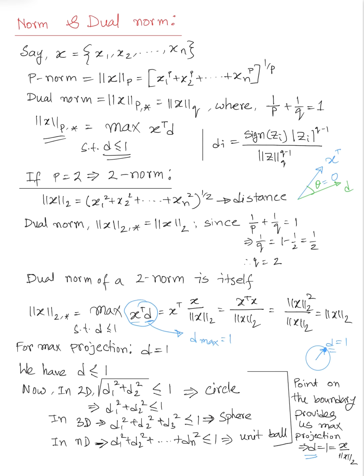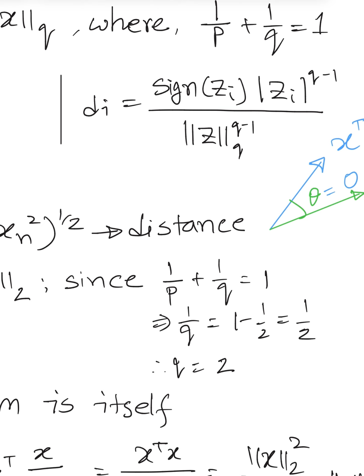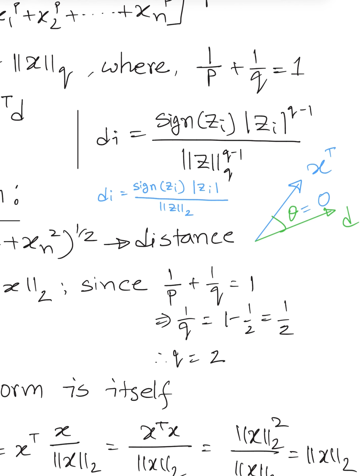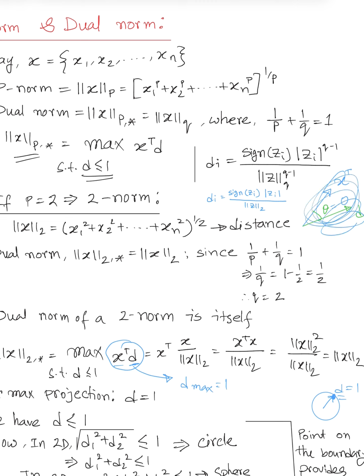So here, for our two-norm case, di is equal to the sign of zi times the absolute value of zi to the power q minus 1, and because our q is 2, it's actually going to be 1, and then this is zi to the power 1. So we can just remove this. Here, if I do a case by case analysis, what does this become?